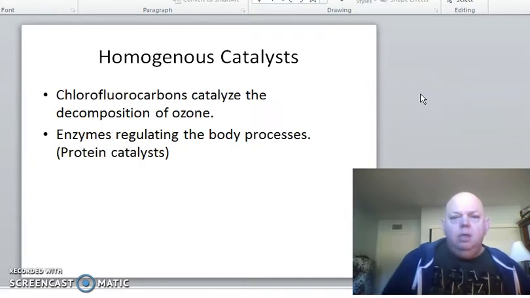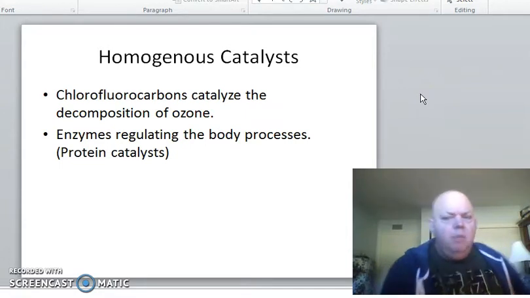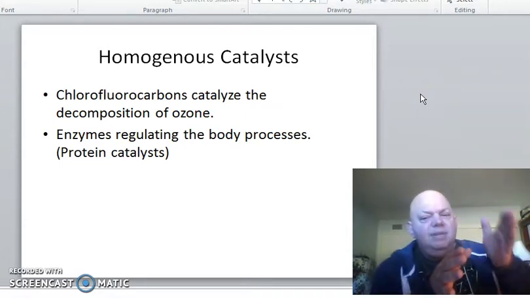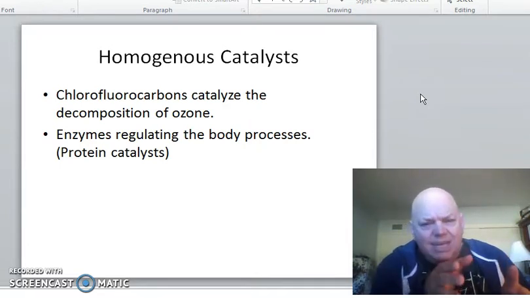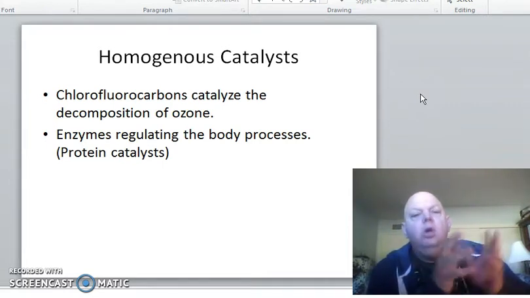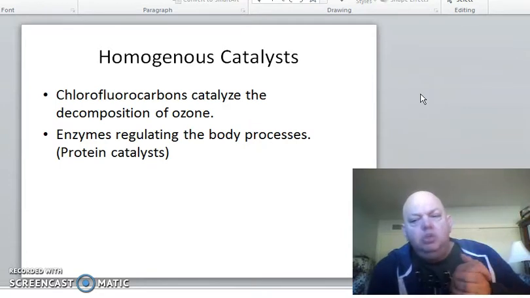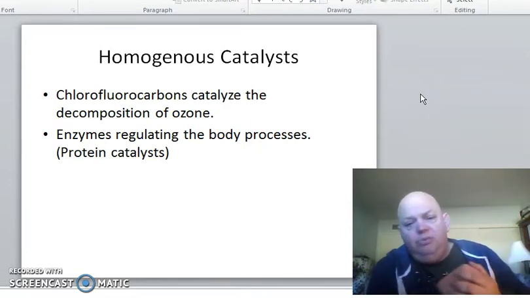Now, if we look at homogeneous catalysts, remember, they're in the same state as our reactants. So chlorofluorocarbons catalyze the decomposition of ozone. Well, that was an issue. Remember, ozone is a layer above the Earth. It blocks out 95% of the UV radiation from the sun.